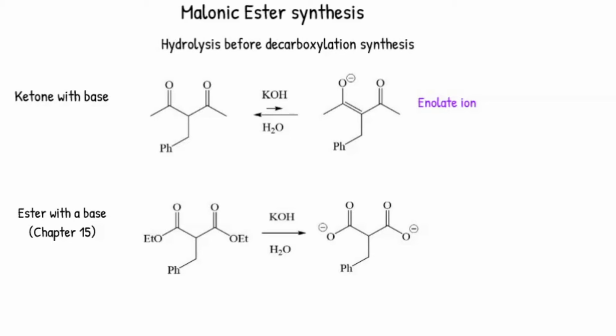This is the base-catalyzed hydrolysis to produce a carboxylate anion. In this example, it is a carboxylate dianion that is produced. Treatment of the carboxylate anion or the carboxylate dianion with acid leads to the carboxylic acid or the dicarboxylic acid.